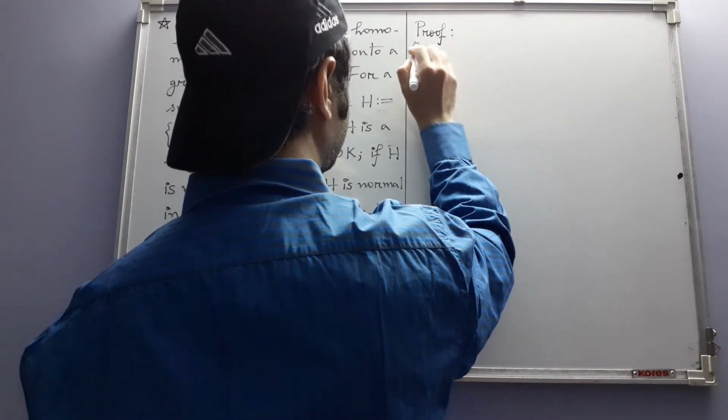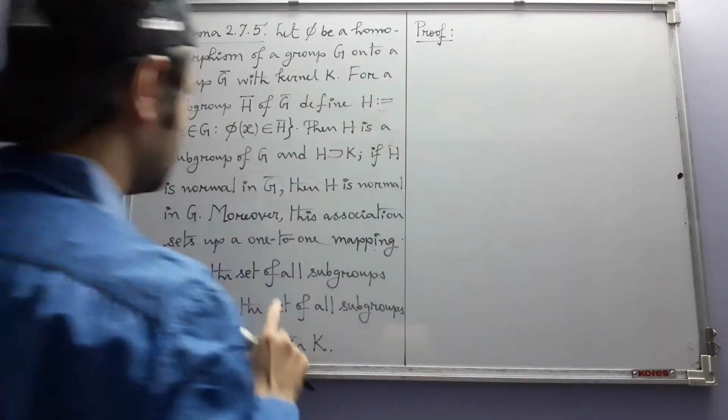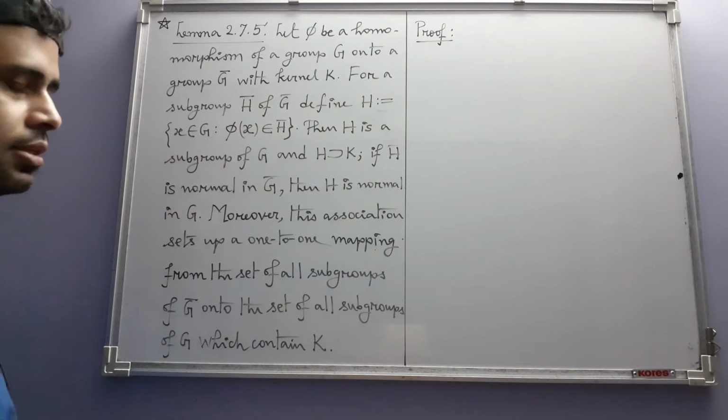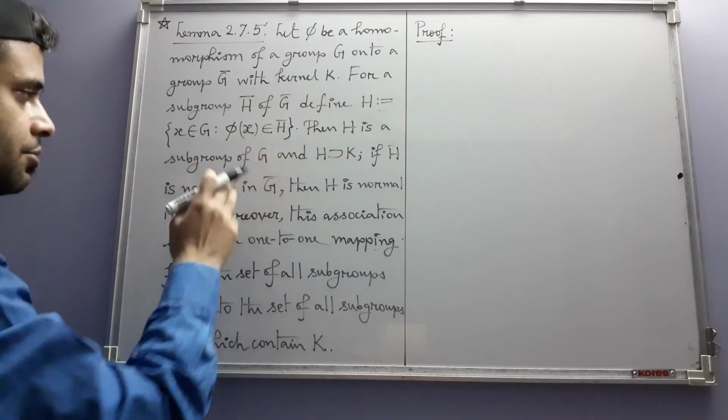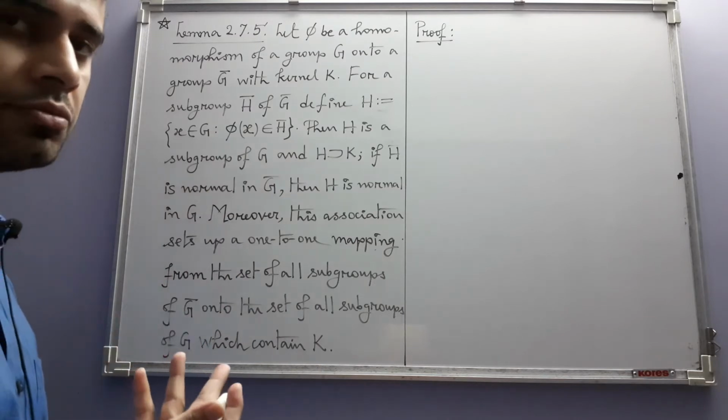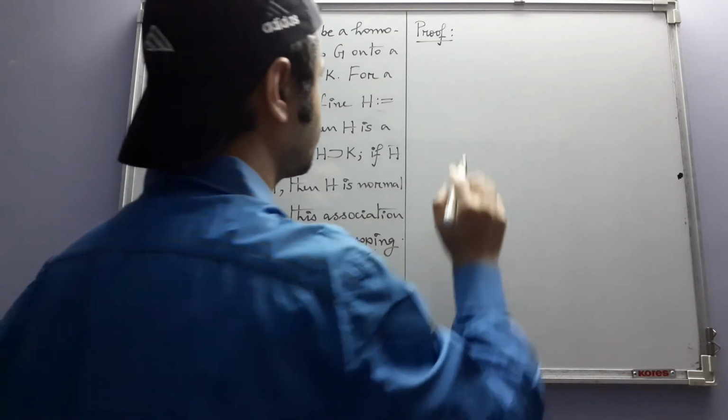Okay, so in this proof, our first job is to show that this set H is a subgroup of G. Clearly, from the definition of H, we see that H is a subset of G. That's the first thing.